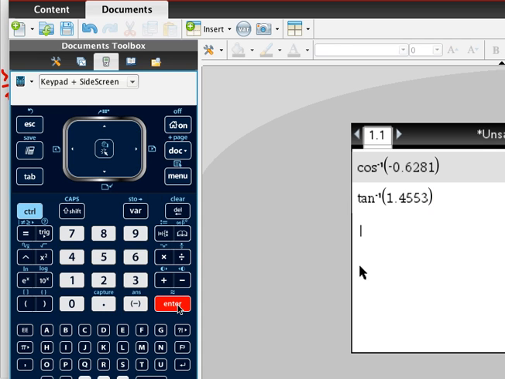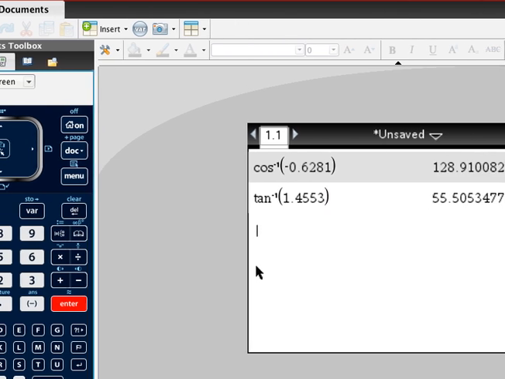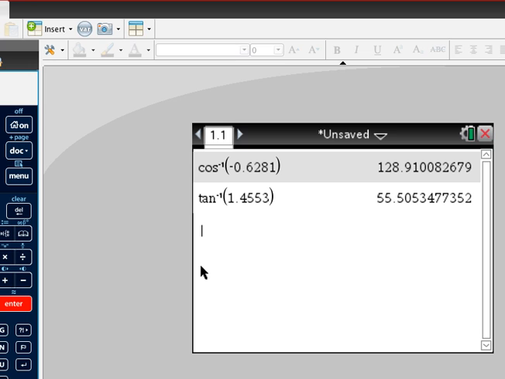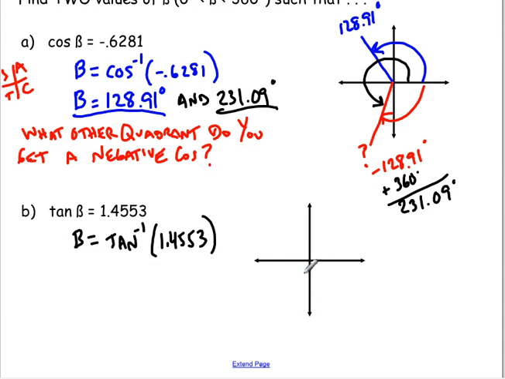Okay, hit enter, and you get 55.51 degrees. So on our picture, if I was going to draw about where 55.51 degrees is, I'll say it's right here.